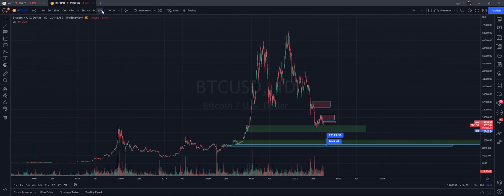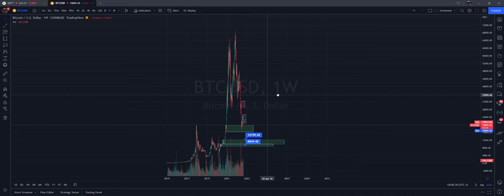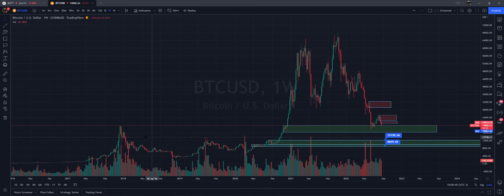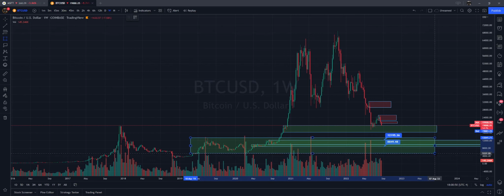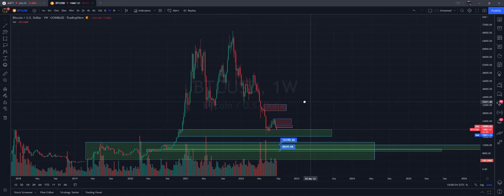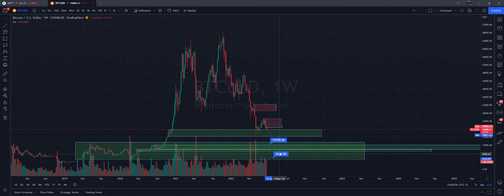So let's say in the weekly time frame, we know that this is the range. I'm just going to assume that it's going to come back down to this zone. This is the demand zone in the weekly time frame. So do you think it's possible to go to the 4,000? I don't know, maybe.